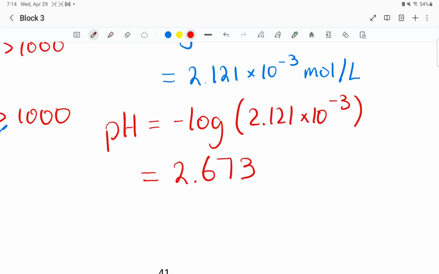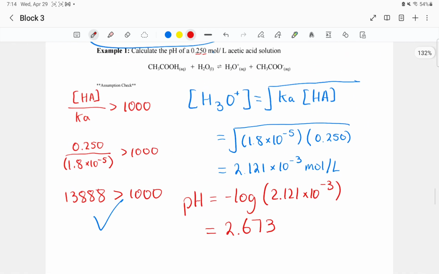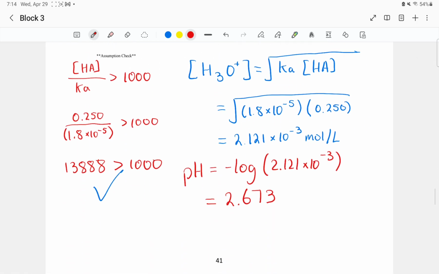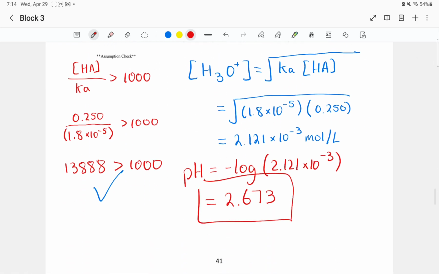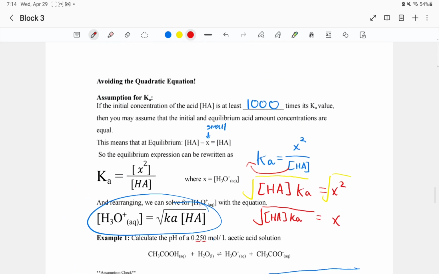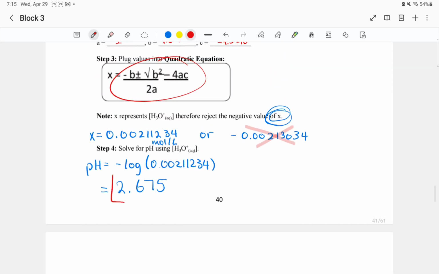If we look at the answer from above, we had 2.673. If we look at the question from above, 2.675. So the answers are pretty close, right?